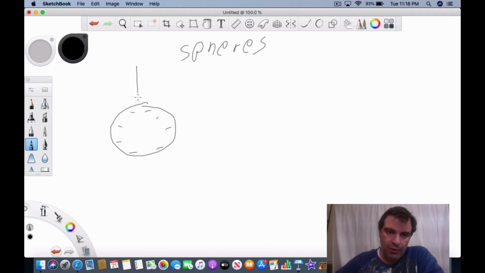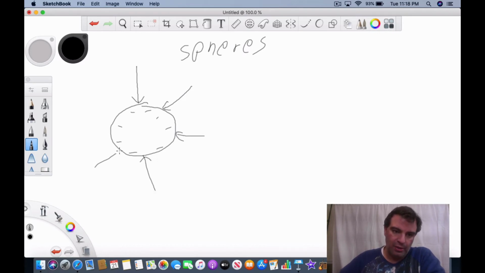The same rules apply, 90 degrees, but they will only touch the surface, as you can see right here. These are all 90 degrees. They do not cross each other. And there it is. Now, inside the sphere, the electric field strength is 0. So the electric field lines are only going to go to the outside.